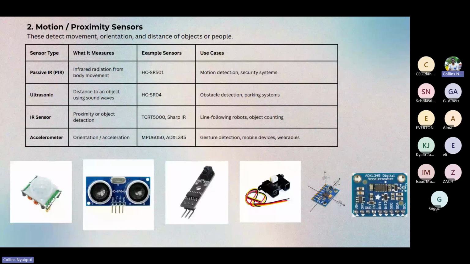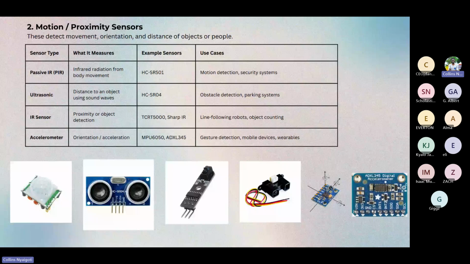This one here. I don't know if you have seen these bulbs that are motion sensing. They turn on when someone is close. They work with this, the HC-SR501. Use cases are motion detection and security systems. They read the IR emitted from a person's body.